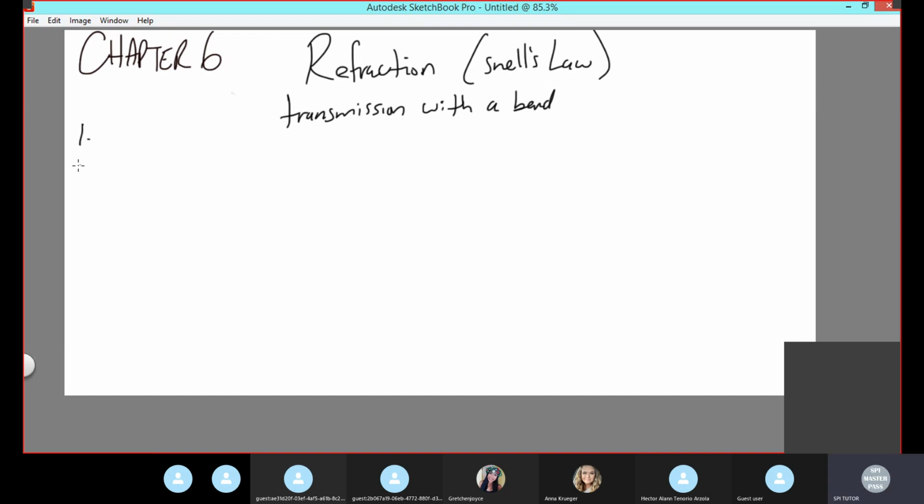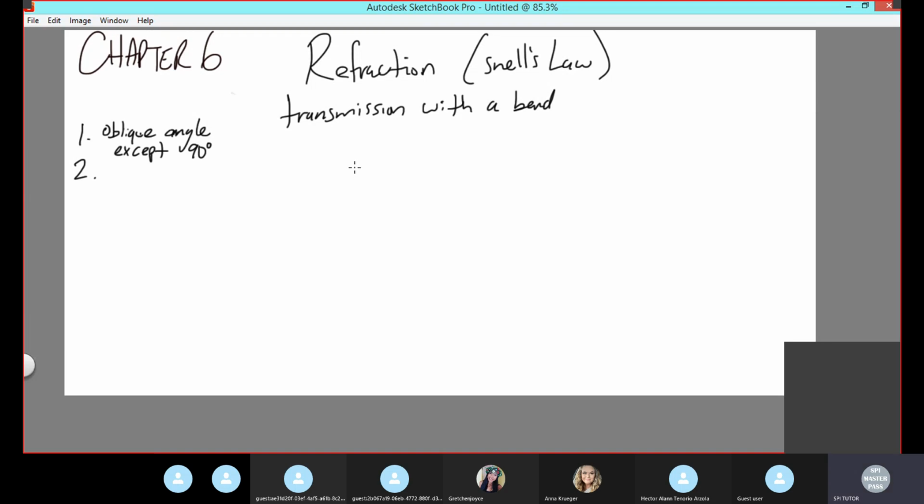There are two rules that you must satisfy in order for there to be a bend. The first rule is you must have an oblique angle. Your wave must travel in an oblique angle. What is an oblique angle? Any angle except 90 degrees.